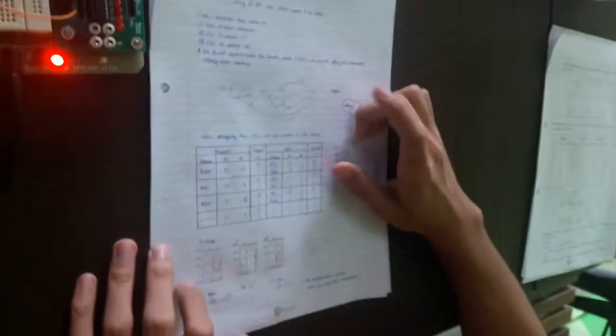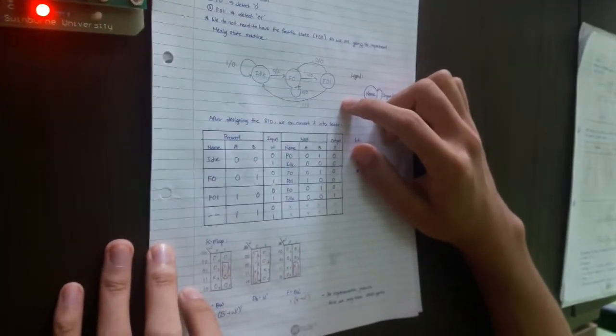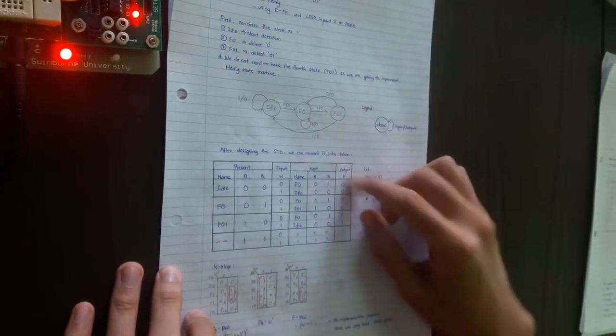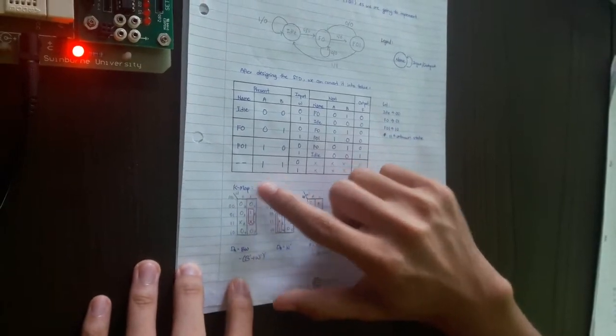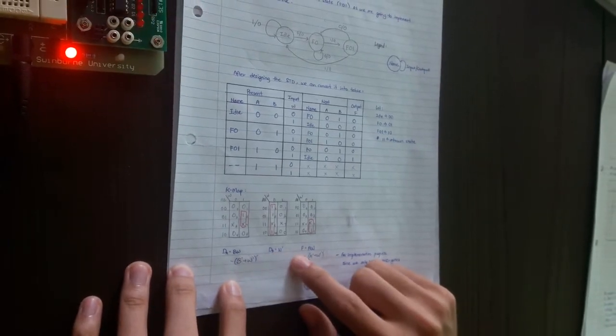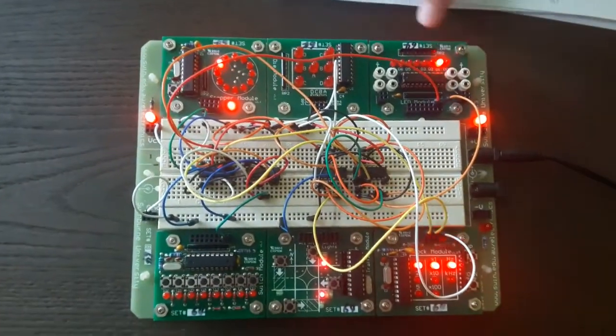From this state diagram, we construct the truth table. From this truth table, we use the Karnaugh map method to find the inputs for DA, DB, and the output F. And the result is here.